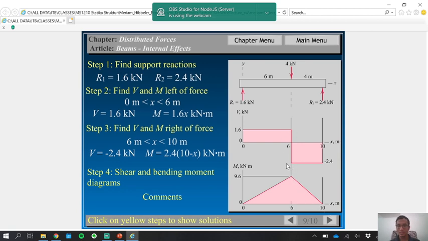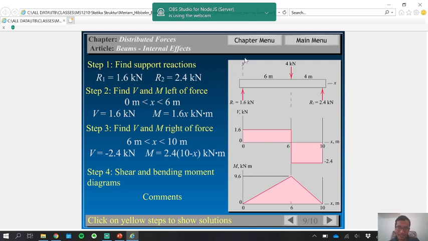The non-continuity happened here. And you can see the delta between 1.6 and minus 2.4 is actually the same as the concentrated force, 4 kilonewton. That's the thing I'm talking about, the discontinuity whenever we have concentrated force or concentrated moment.